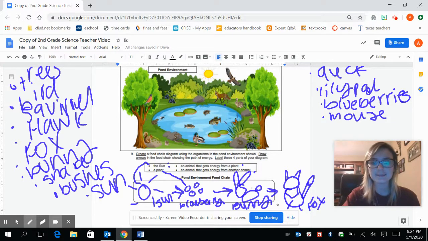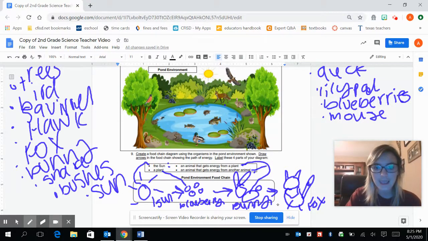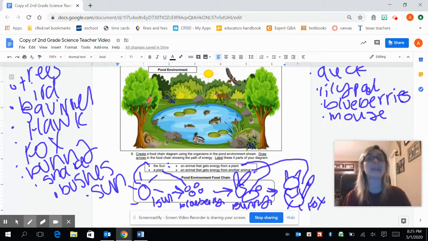Then our third is the bunny here, and the bunny eats the plant. So the bunny is the animal that gets its energy from a plant. And our last little guy in our food chain is Mr. Fox. He's at the top of the food chain here in this ecosystem. And he is the animal that gets energy from another animal.